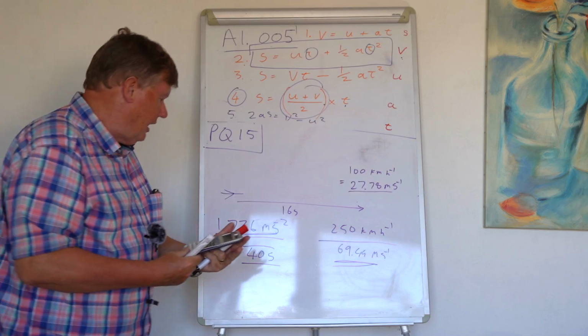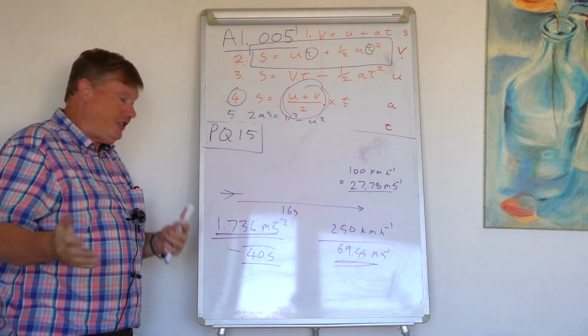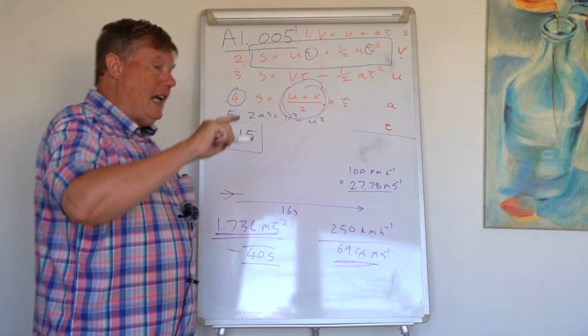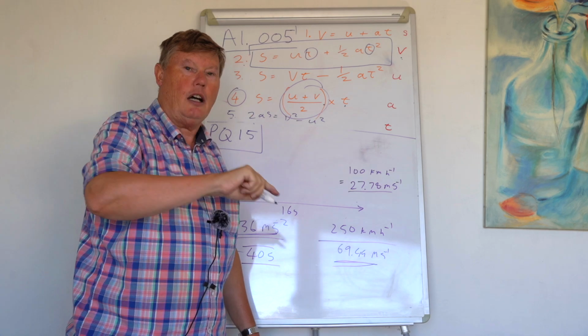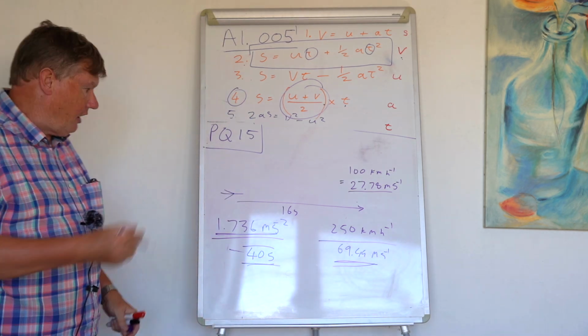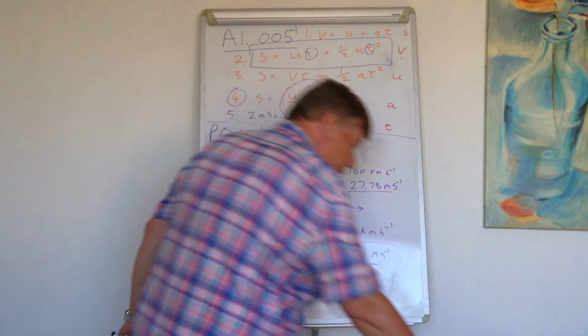Easy peasy, lemon squeezy. What do we know about distance travelled? Do you agree that distance travelled is average speed times time? The time taken is 40 seconds. It started at 0, it finished at 69.44. What's its average speed?